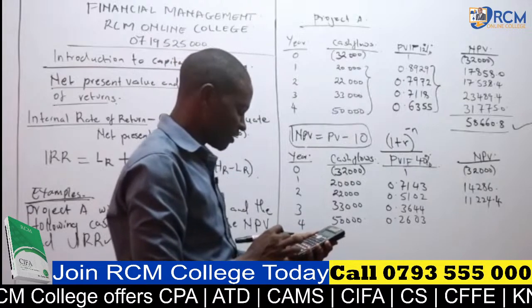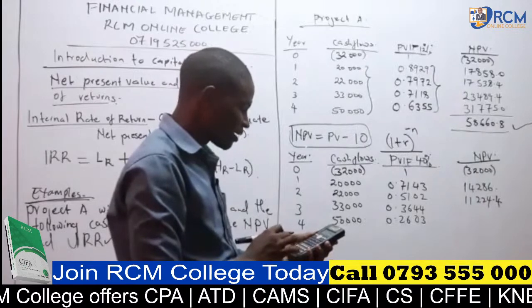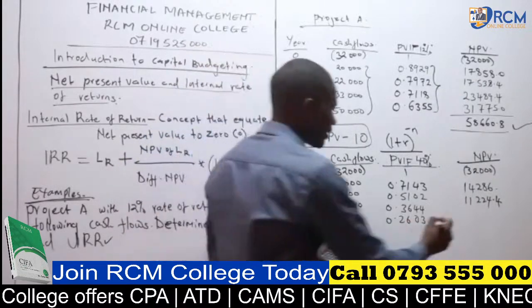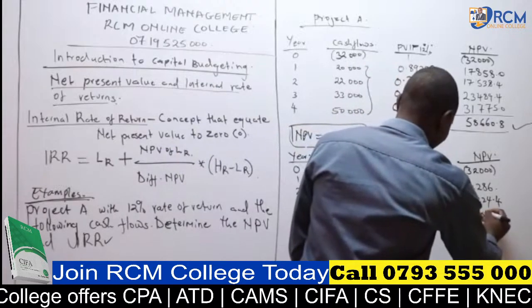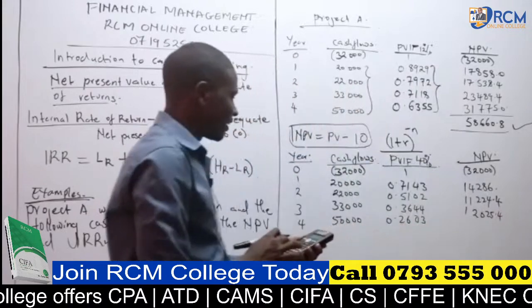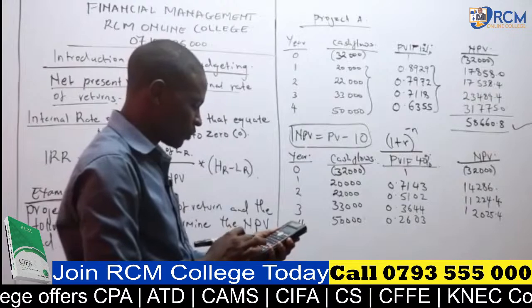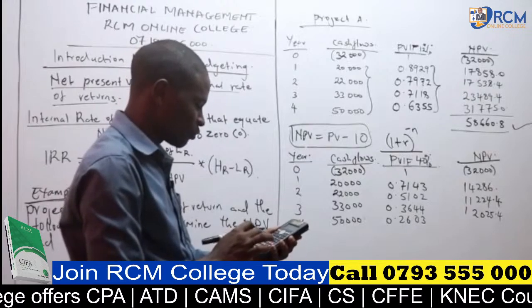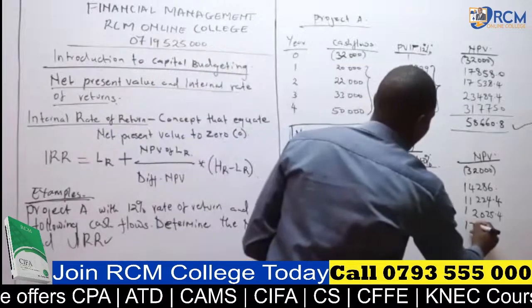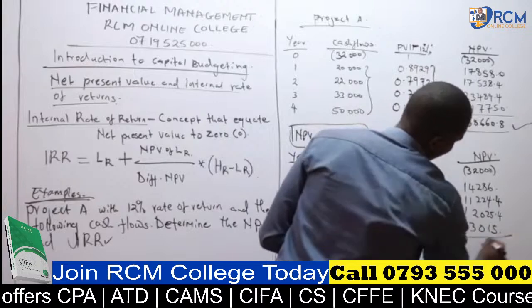And then I have 33,000 times 0.3644. This one also has refused to give us a negative, no worries. 50,000 times 0.2603, we must do it, and then we see how much it will leave, it remains 13,015. But at least we have reduced this.